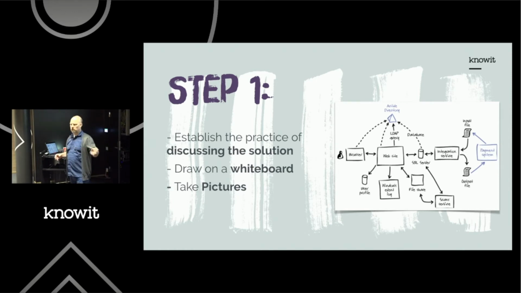How is it going to talk to the database? What kind of database does it need? Does it need new data? Should that be migrated or built into the existing database, or should you have a separate database? What kind of APIs do you need on top of that? How does that fit into the application framework, and how do you make the rest of the stuff fit together? Take time to discuss all those things, and actually really, really important, take pictures of the whiteboard and store them.